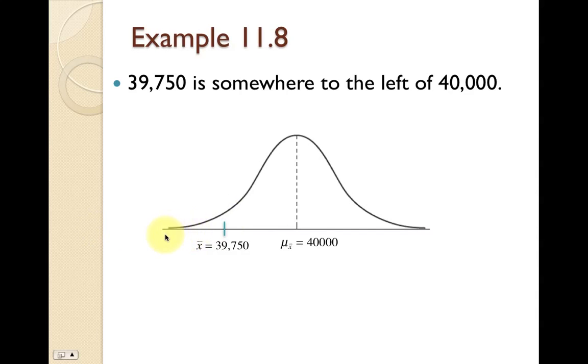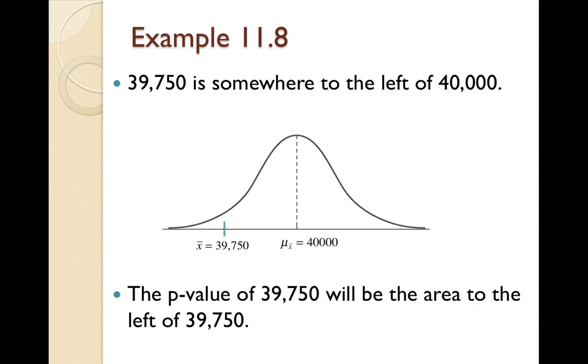When the test is on the left side of the bell curve, those are tests that use the words less than in the alternative hypothesis, the p-value represents the area that goes down to negative infinity. And when the test is on the right side of the bell curve, which we're going to see in the next example, the p-value is going to be the area from the sample statistic up to positive infinity. So this is a test on the left. The p-value that we calculate will be the area from negative infinity up until 39,750.